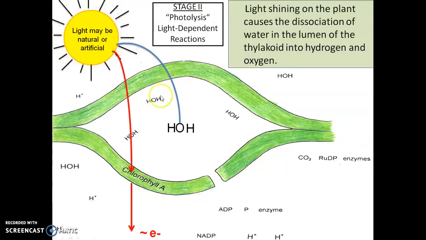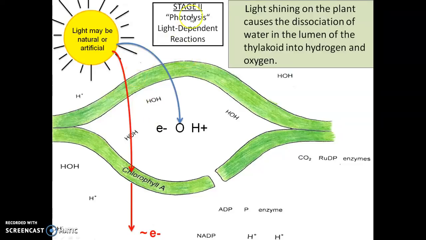So we have our water molecule here. And remember, to dissociate means to break down into ions, right? So what's going to happen is we get hydrogen ions, oxygen atoms, and we're also going to get electrons, all right? So this is all important. We're going to look at what each of these things do.